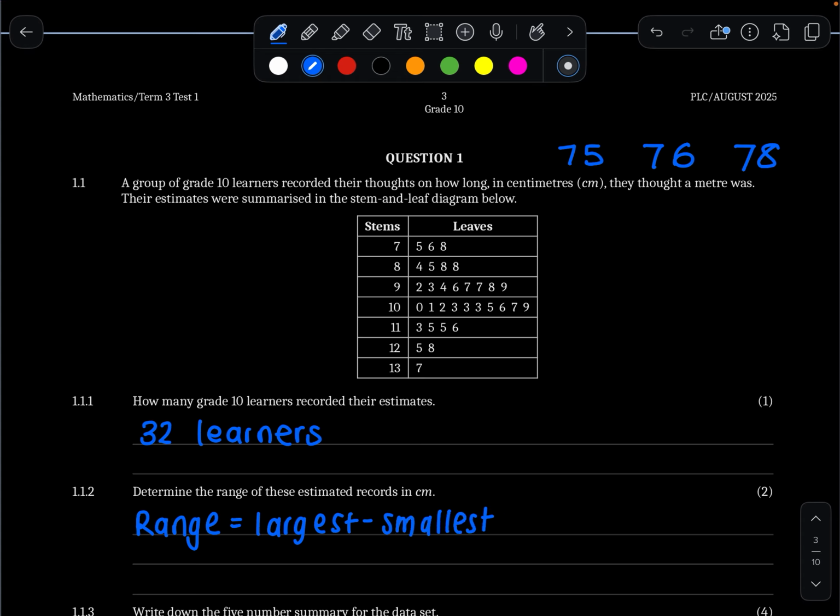Our largest is here at the bottom, this 137. The smallest is up here, 75. So you're going to go 137 minus 75. We are left with 62 centimeters as our range.